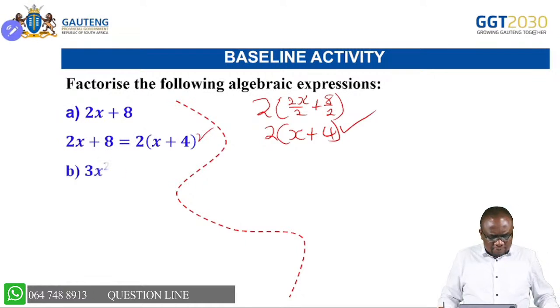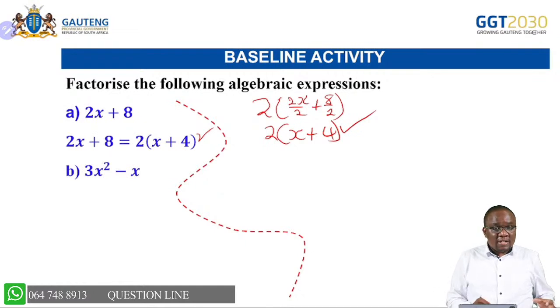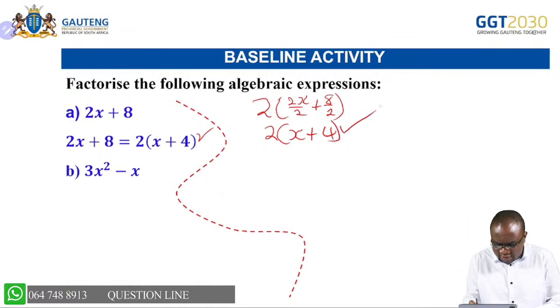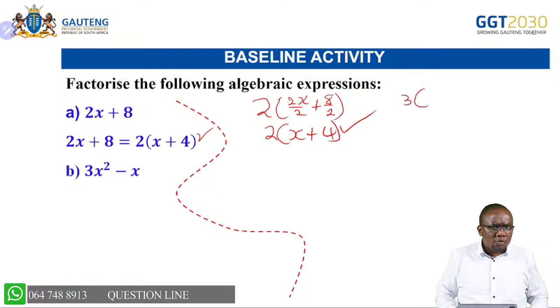Right, the next one. Do we have the highest common factor there? Can you check? 3x squared. These are two terms, 3x squared and x. Do we have a highest common factor there? What is it? It is x. You see that? So you factor out x. Let me do it here. So it's x, and then what is 3x squared divided by x?